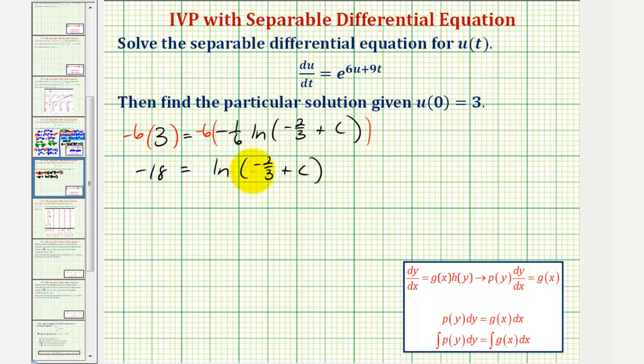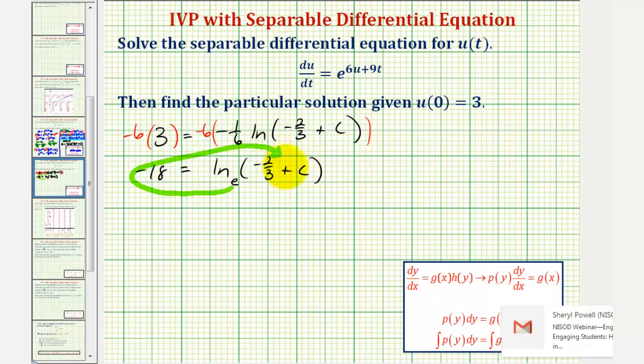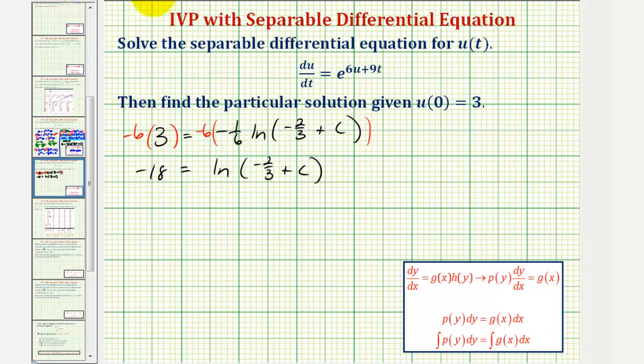Now here we can write the log equation as an exponential equation. Since we have base e, we would have e raised to the power of negative 18 equals negative 2/3 plus c, or we can exponentiate both sides of the equation, meaning e raised to the power of negative 18 must equal e raised to the power of natural log of negative 2/3 plus c.